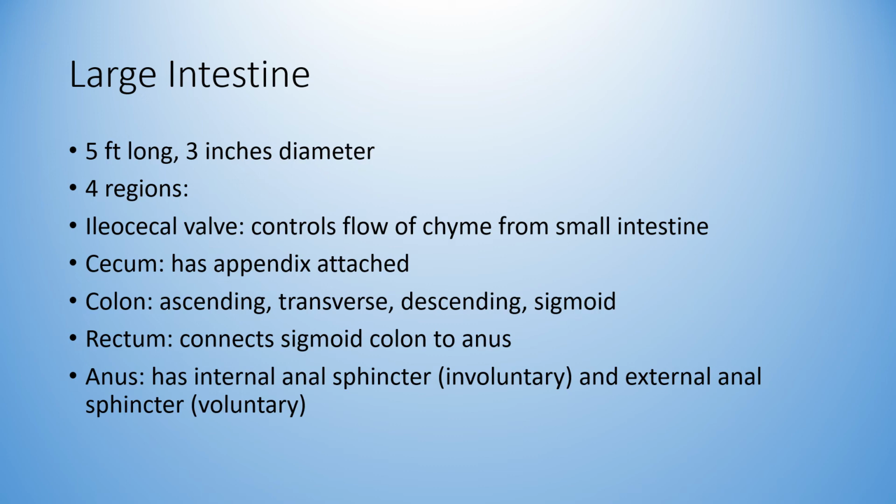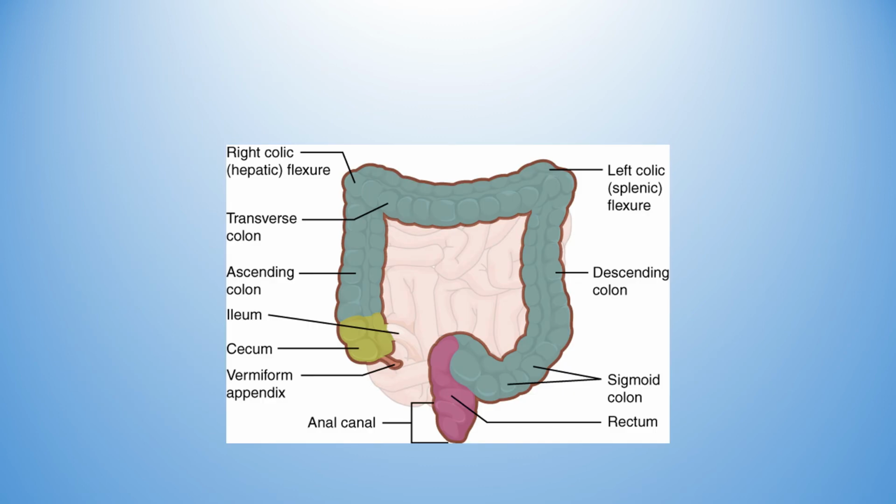And then from the colon, the waste products move to the rectum, and then from the rectum to the anus. The anus itself has 2 sets of sphincters. The internal sphincter is involuntary, the external sphincter is voluntary, so you do have control over that.